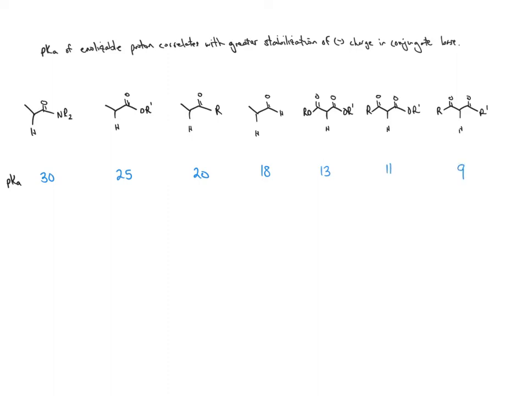And so we can draw a correlation here where we're saying that the more enol you get is going to be towards the right. Right, so more enol is over here. And the reason that this happens is because you have greater stabilization of the negative charge in the conjugate base.